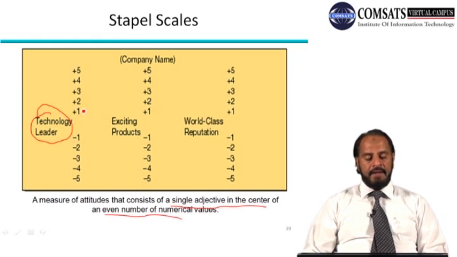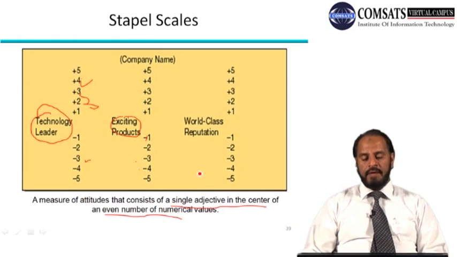You might say it's at +6, or you might say that it is behind in technology leadership. How many exciting products does your company have? You might rate it from -5 to +5, indicating how good your products are. Is it very exciting or not exciting at all?